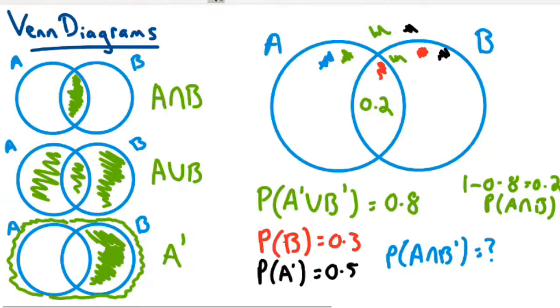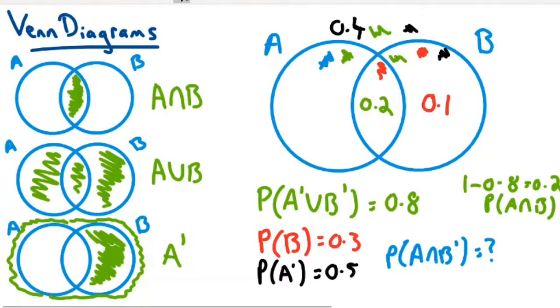Next, if the probability of B in its entirety is 0.3, and we've used up 0.2 here, that only leaves a 0.1 probability of getting just B on its own. If not A is 0.5 in total, and that's these two regions, well, we've used up 0.1 here. That leaves us just with 0.4 for the outside.